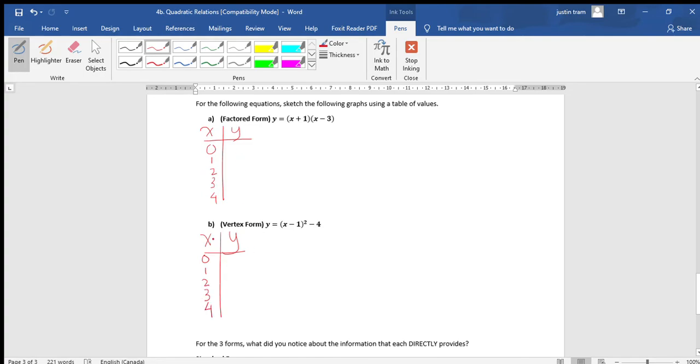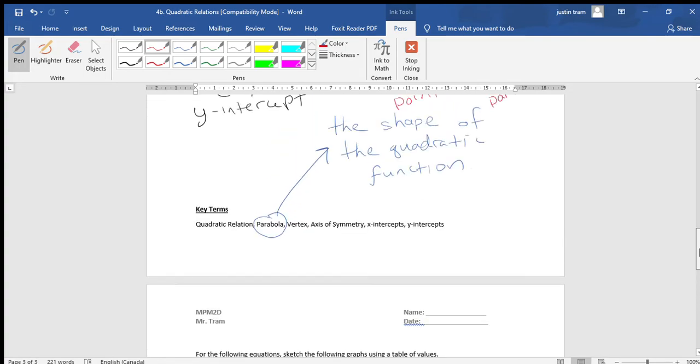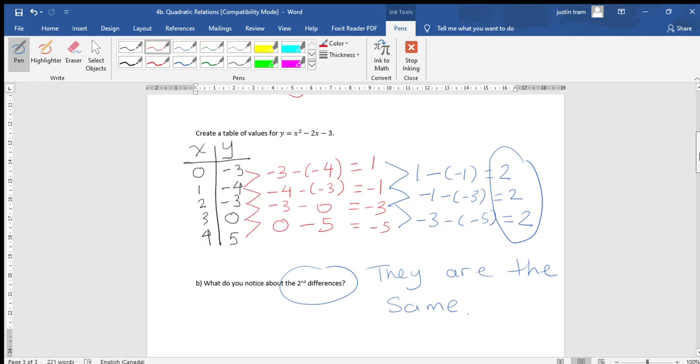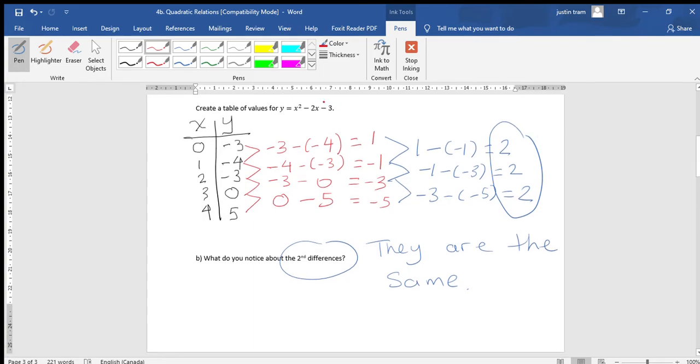Using those x values, find the corresponding y values. Okay? And you should see that those y values would also end up being the exact same y values that you got back here.